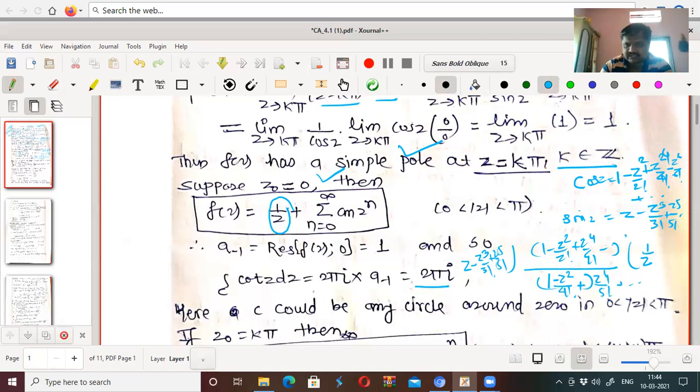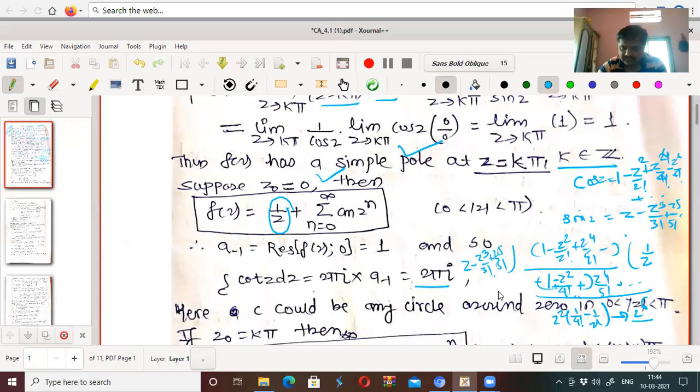If we take the subtraction, the remaining terms give z square into 1 by 4 factorial minus 1 by 2 factorial, and higher powers of z, z to the power 3, 4, and so on.